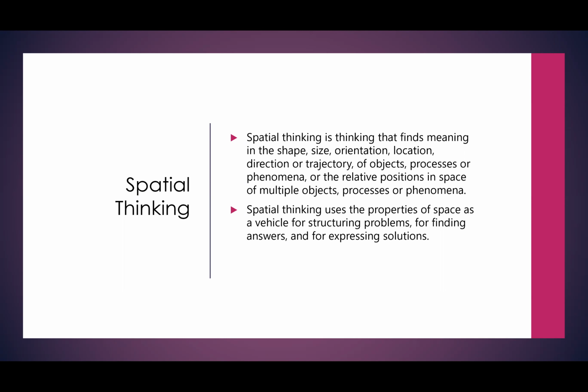So if you were to look at a stop sign, for example, that is a spatial element. It has a place upon the planet, and there isn't necessarily a trajectory or direction associated with that because it's not a movable thing, but you can garner the shape, size, orientation, and location of stop signs.